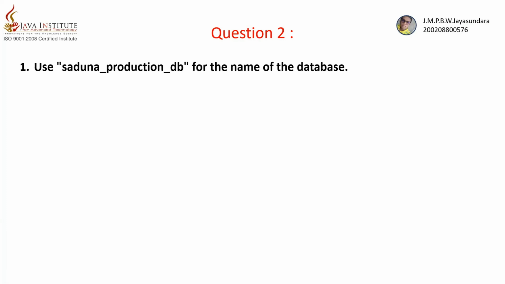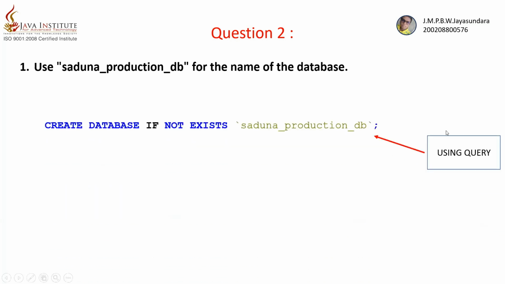Our first question is use Sandun Production DB for the name of the database. We can create this database using two methods. One is using a query and the second one is using the manual method. Here we have our query. In this query we have said create a database as Sandun Production DB.